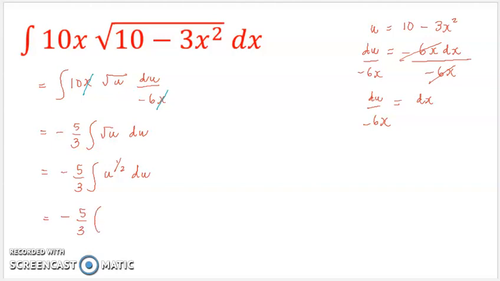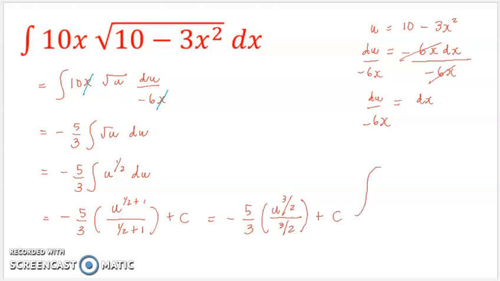So that's negative 5/3 times u raised to 1/2 plus 1 over 1/2 plus 1 plus c, or negative 5/3 times u raised to 3/2 over 3/2 plus c, or that's negative 10 over 9 u raised to 3/2 plus c.